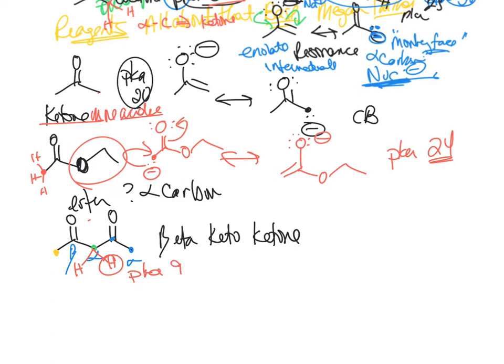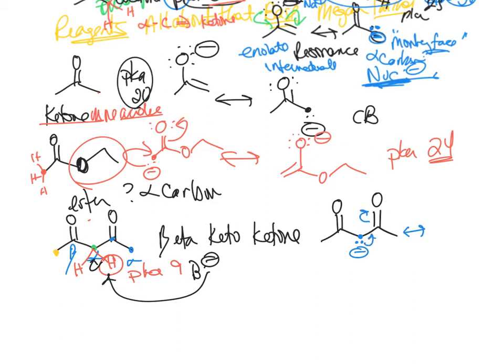So why is that? Well, let's take a base, abstract that hydrogen. And I'm going to just redraw it, just like you did. But now there's your negative on that carbon. See my monkey face? If you had to draw your resonance structures, they would look something like this. So there's one.